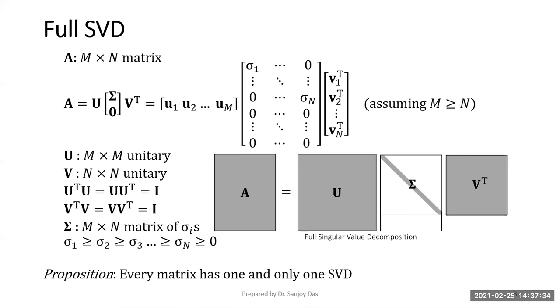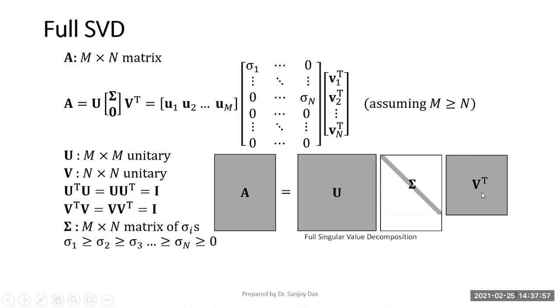Every matrix has one and only one SVD. So the SVD of a matrix is unique, as long as these are arranged in proper format. And of course, you can invert the signs of U's and V's, just like in eigenvectors. These U's and V's are also just directions.